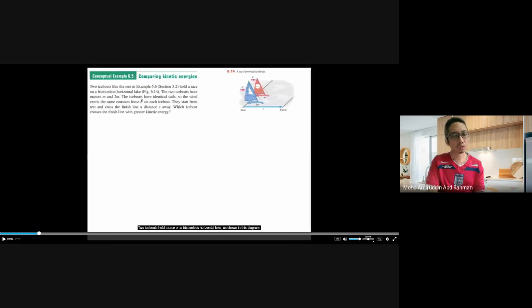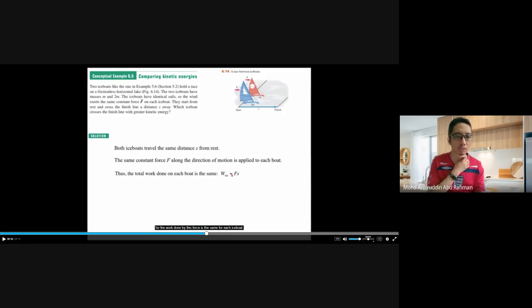But this boat travels the same distance S, and they have the constant force F along the direction of the motion, where we consider the work done is equal to F times S. The boats have the same F because the wind exerts the same constant force F on each of the ice boats. So the total work will be K minus 0.